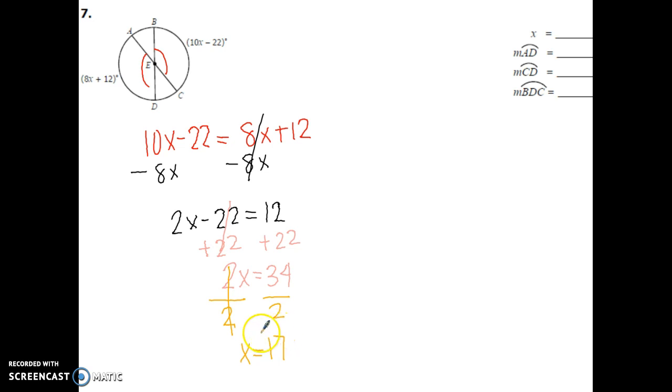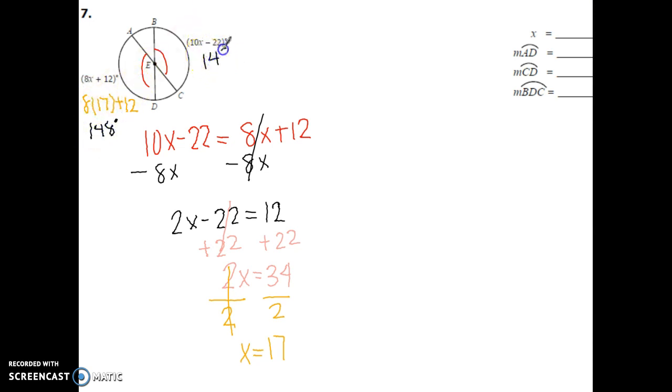So what I am going to do is take this 17, plug it back into either one of my equations. I'm going to do this one. So I'm going to say 8 times 17 plus 12. And when we do that, that actually gives us 148 degrees. So this is 148.